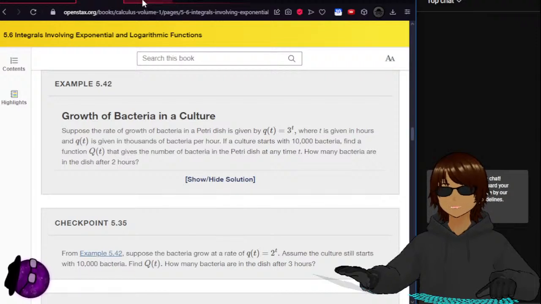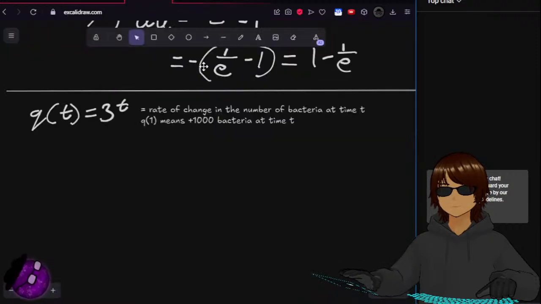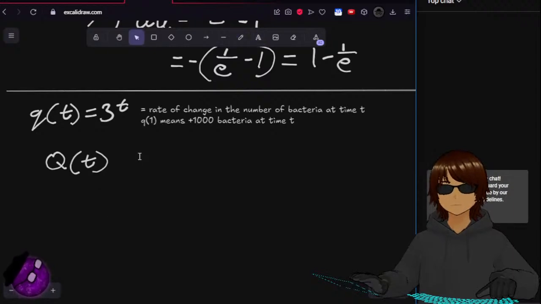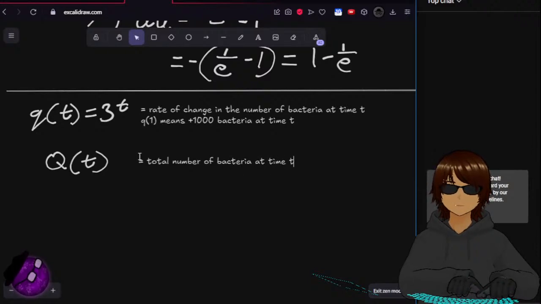Find a function capital Q(t), the number of bacteria at time t.